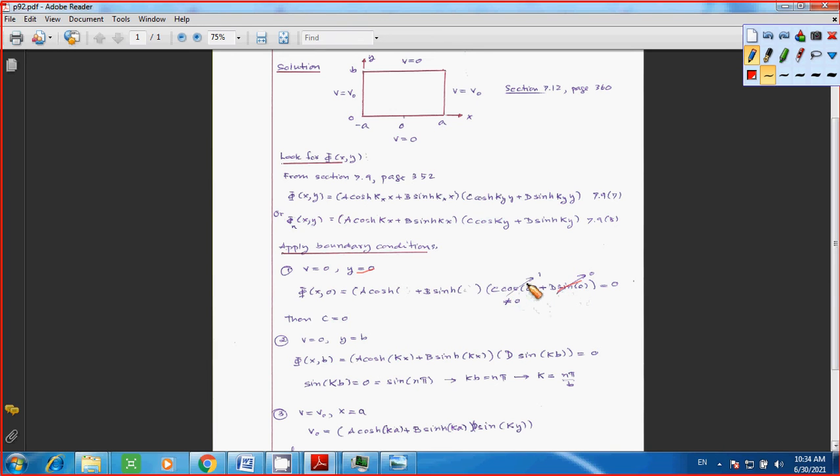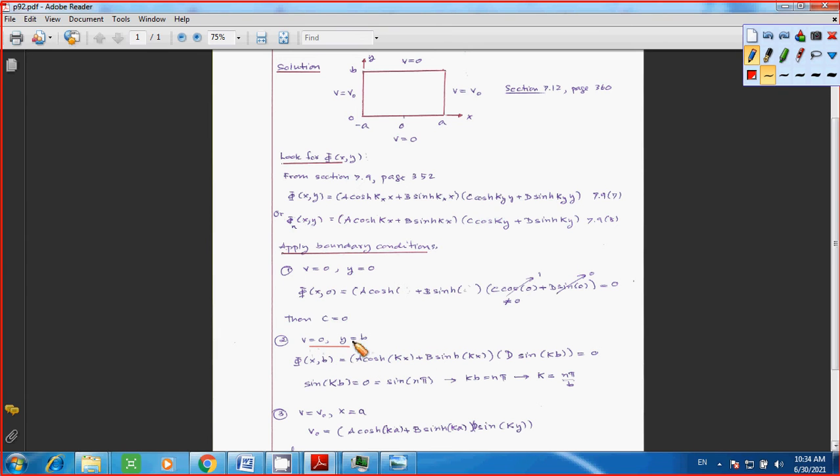But cosine 0 equals 1, not equal to 0, but you want this term to multiply this term and end up with the potential to be 0 as specified by the boundary condition. So C has to drop, or C equal to 0. That's the first boundary condition.